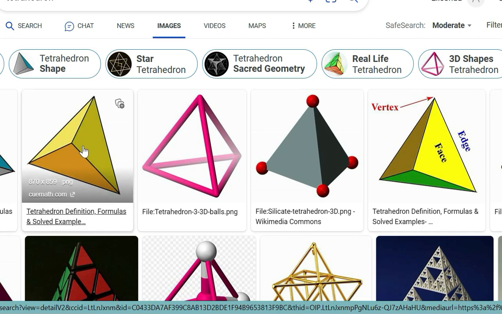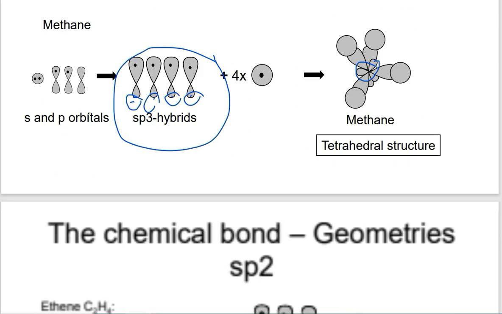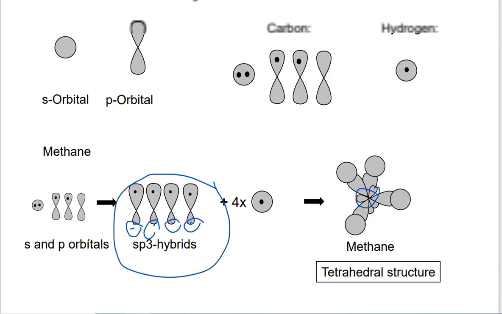And the carbon is just in the center of this tetrahedron, because it should be at equal distance from all the four hydrogens. Because of these equal sp3 hybrid orbitals. So this is the concept of hybridization.